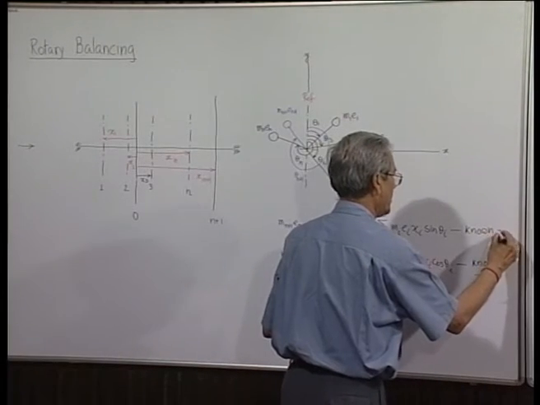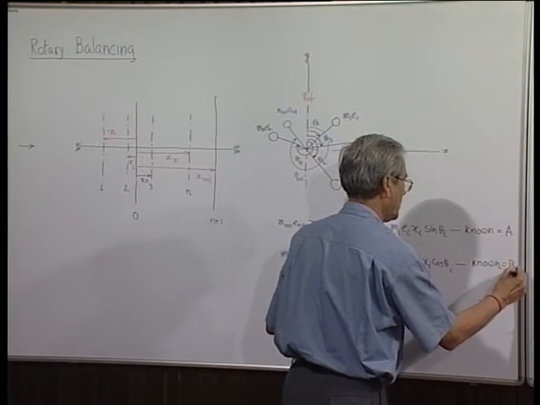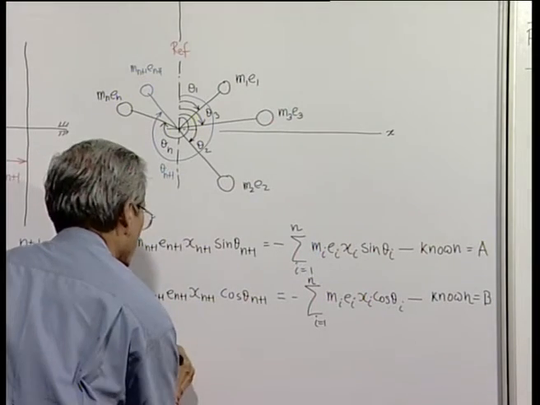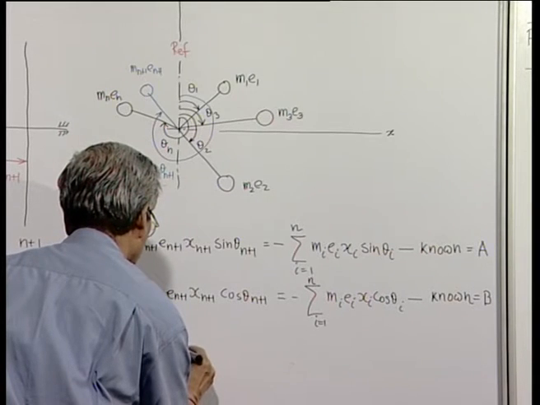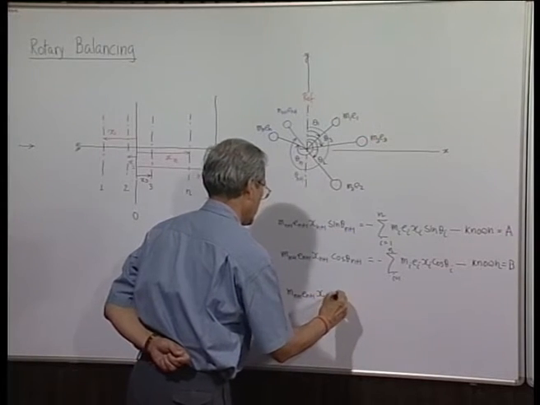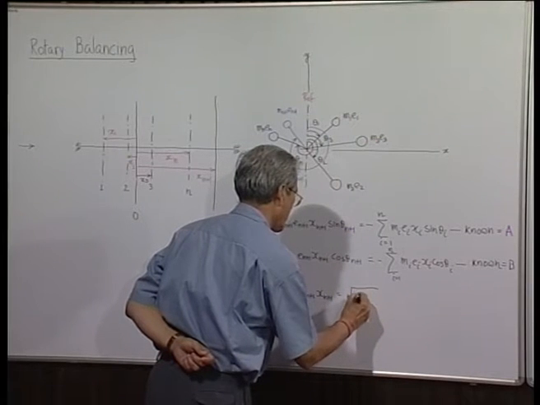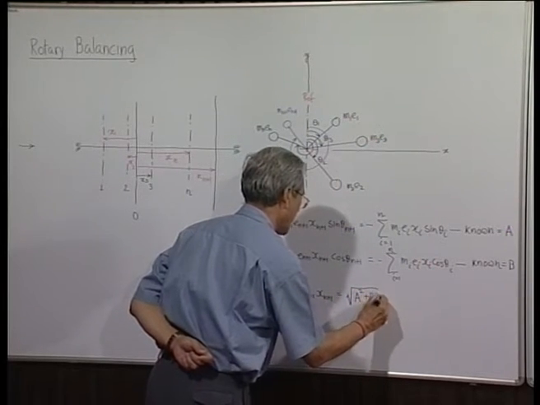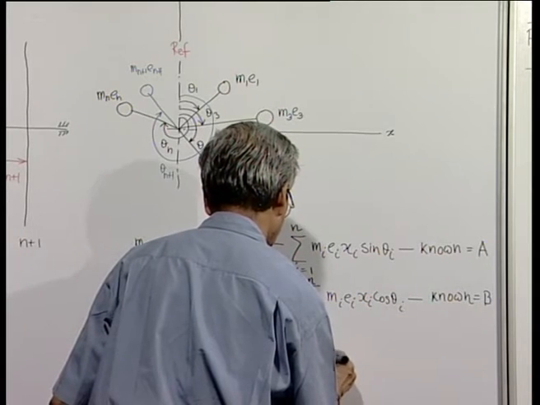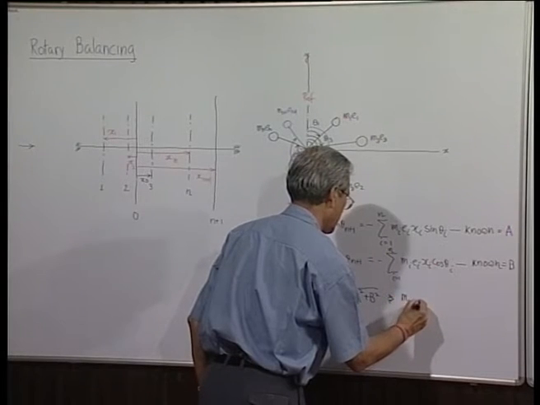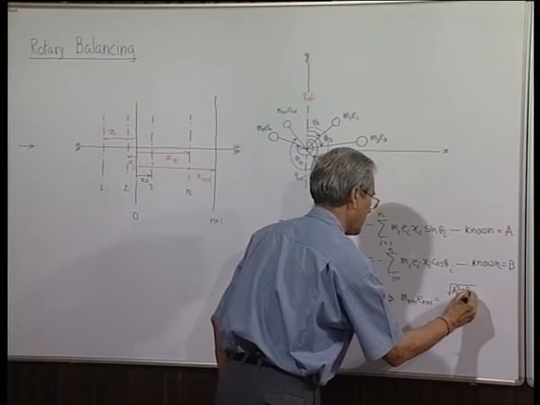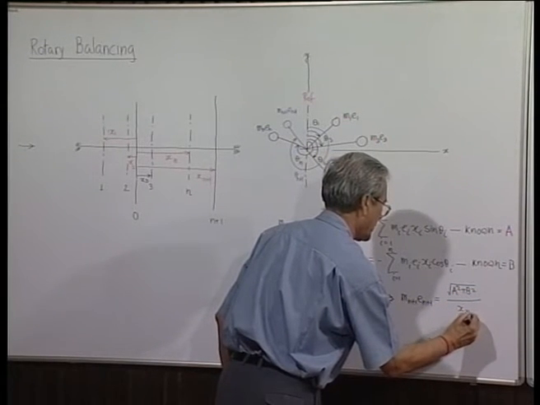Say this is equal to A and say this is equal to B. Hence, we can say that m n plus 1 e n plus 1 x n plus 1 is equal to square root of a square plus b square, squaring the two terms and adding, and this will give us which is a known quantity.